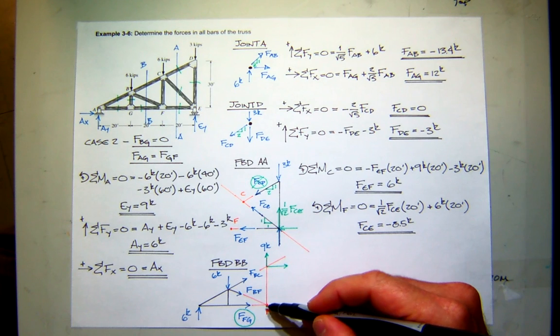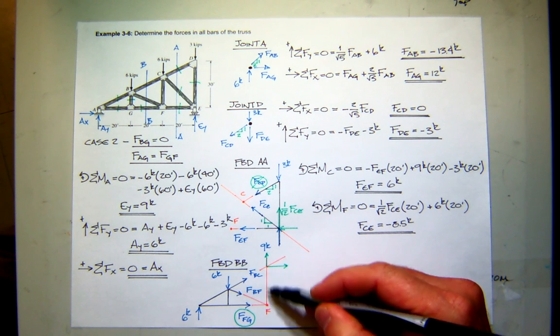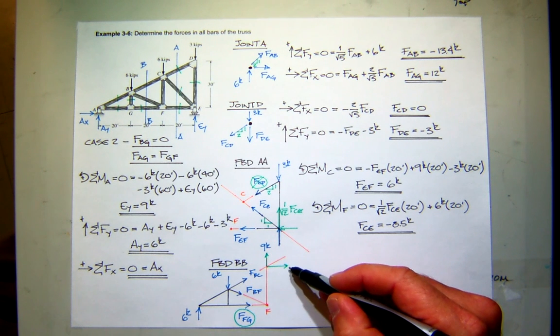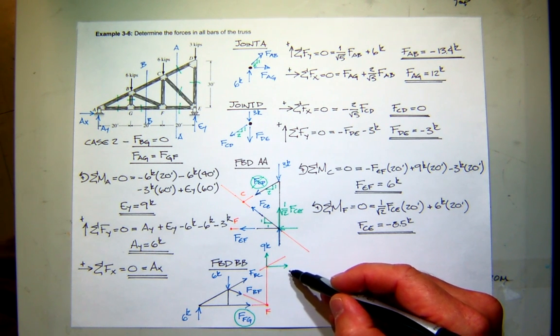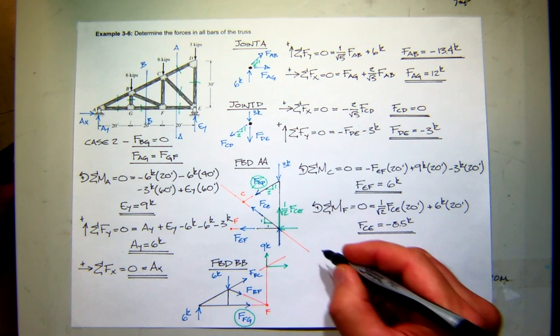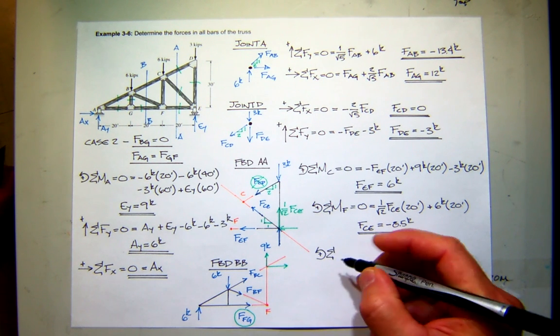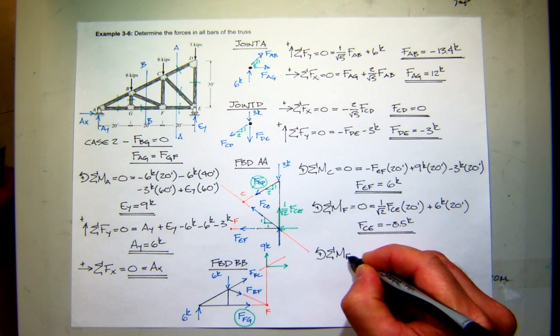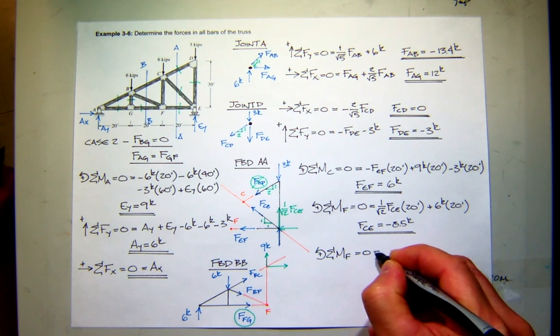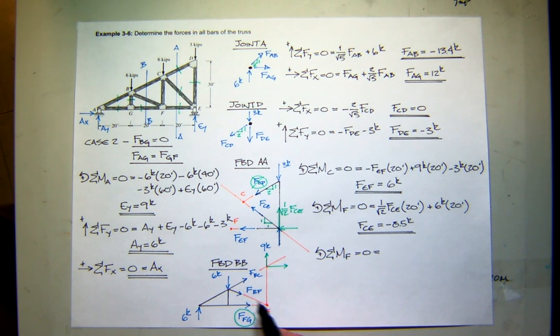And again, about F, the vertical component would create no moment, but the horizontal component would. So if I now sum moments about F, make sure it's in equilibrium, I have to deal with this 6 kip force, this 6 kip force, and the horizontal component of BC.